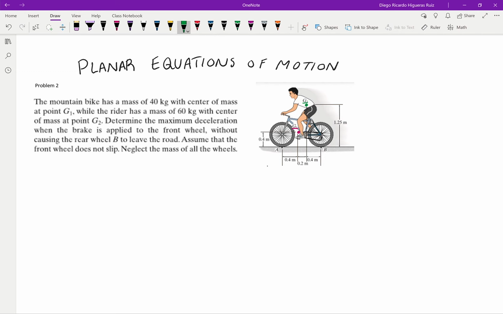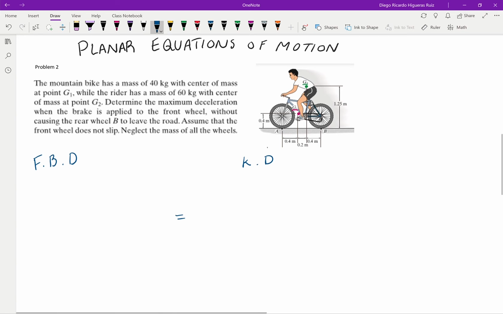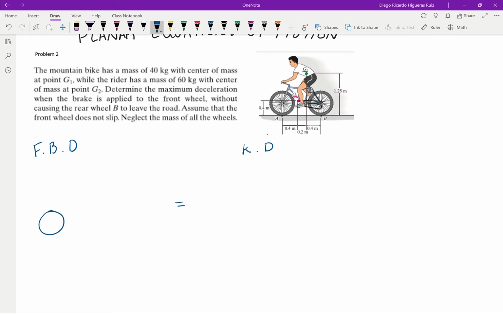Alright. So for this problem, the first thing that I'm gonna do is my free body diagram. Like we have done before, this is gonna be equal to the kinetic diagram. Okay, so here I'm gonna have a bike, right? So I'll try to decently draw a bike.